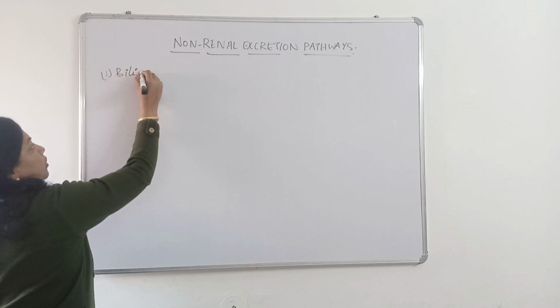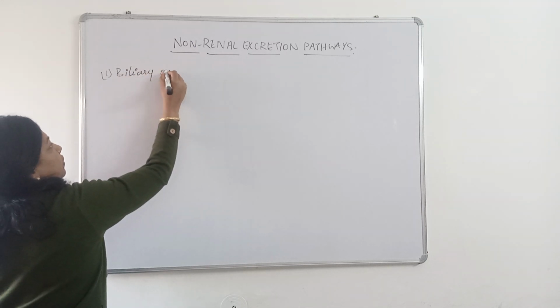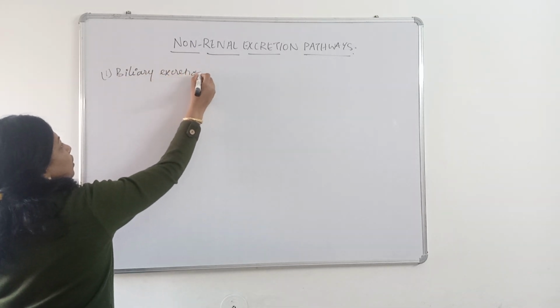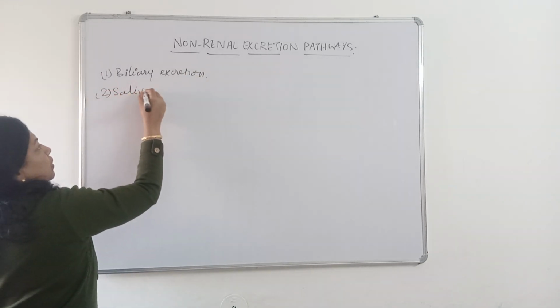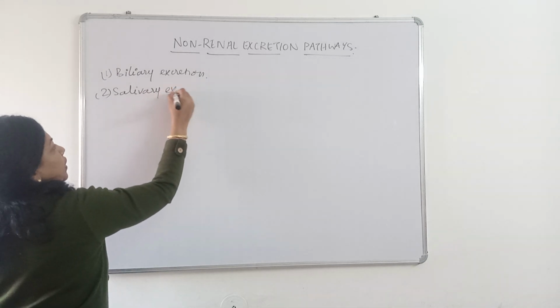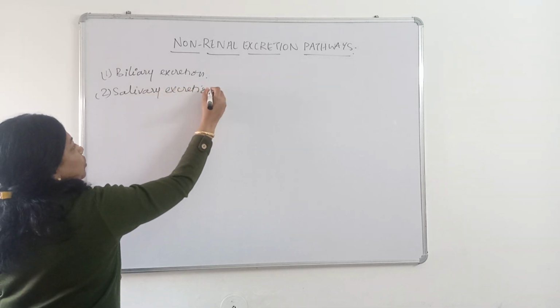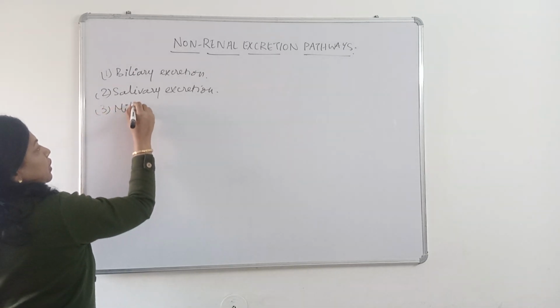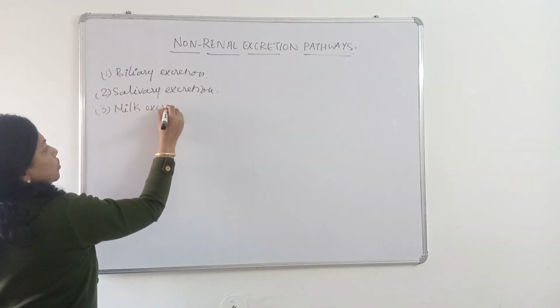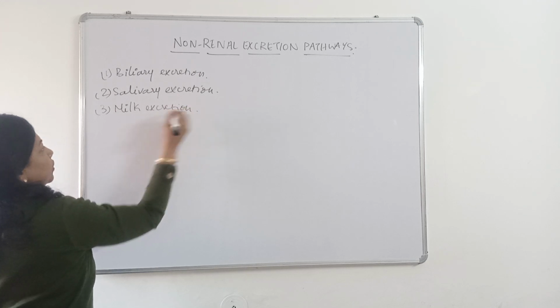Next to the renal pathway, biliary excretion plays an important role. Then there are some excretion pathways of drug through saliva, and the drug can be excreted through milk also.